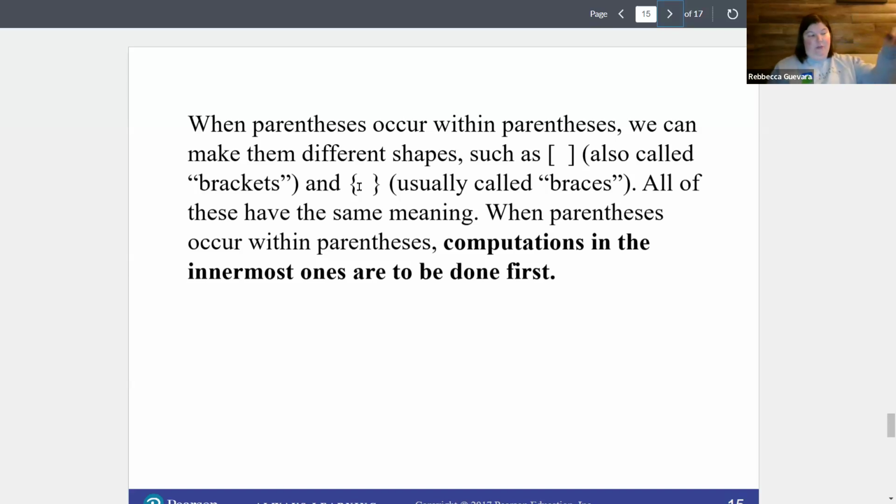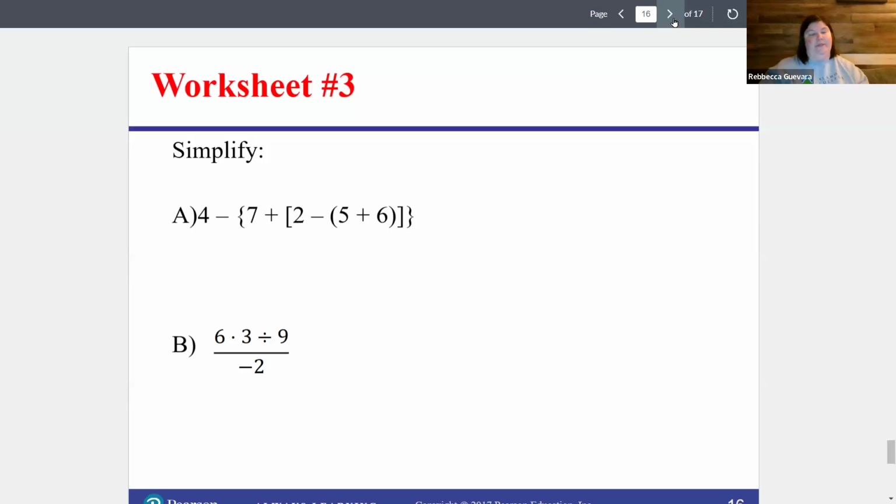So we find the innermost parenthesis, we do that, and then we do the next one. We just move out of the nesting. We start with the innermost, rectify that, then do the next innermost, and keep going until all our groupings are taken care of.